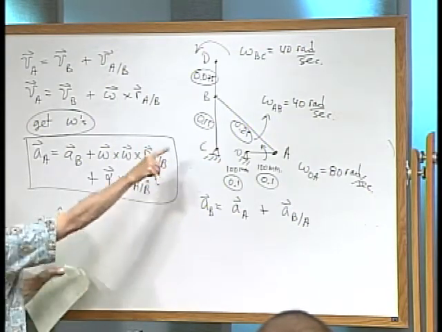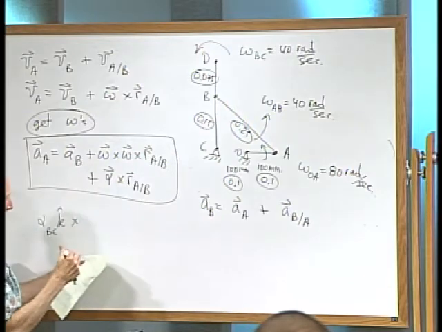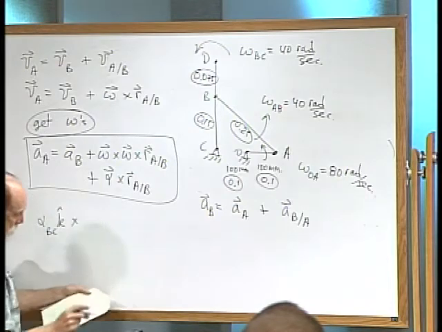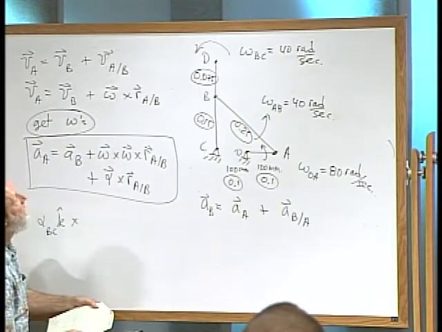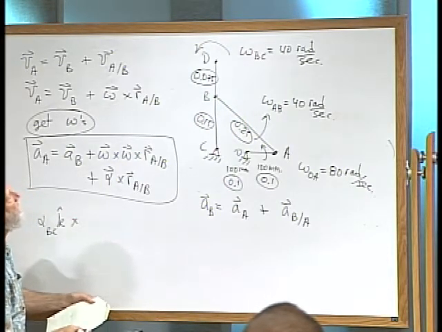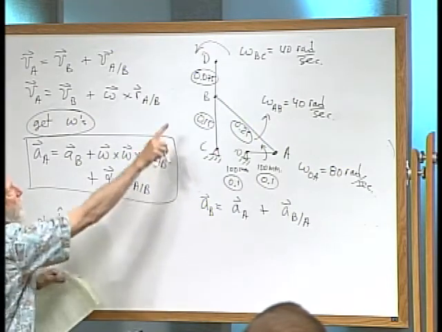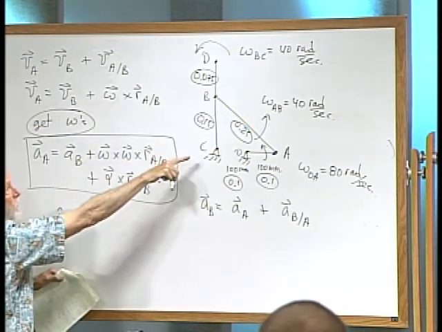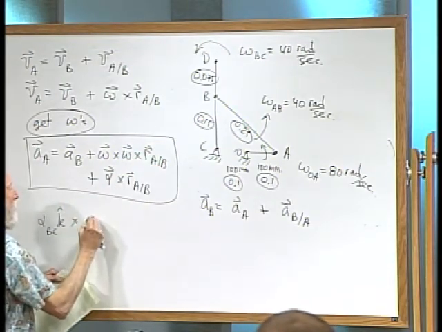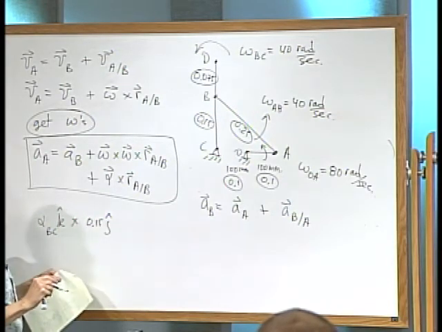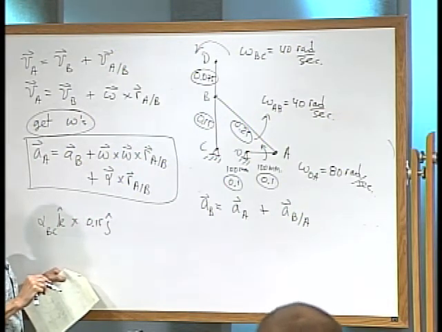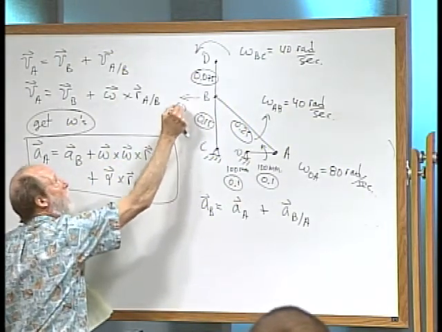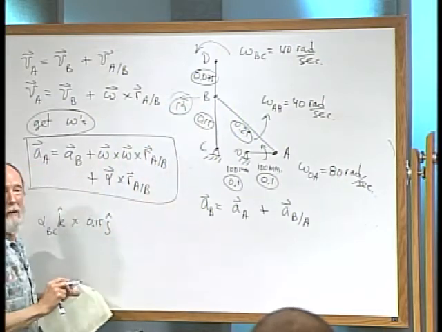We have to cross that for member BC with R of B relative to C, which happens to be 0.15 j. Is that all right with people? That's the tangential acceleration, the R alpha type of term right there.